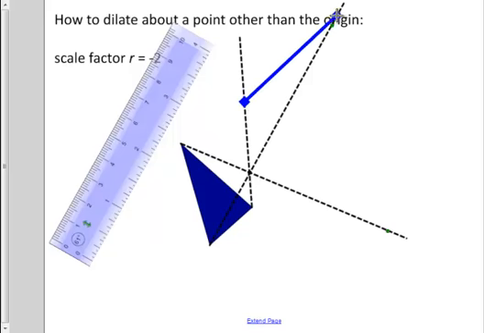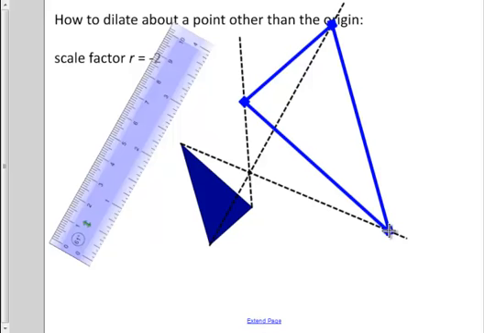All right, so green to green. All right, and so what we see in this case with a negative scale factor is the dimensions are twice as great. However, it's on the opposite side of the center of dilation, and it appears that the orientation is different, or rather it appears to have been rotated 180 degrees.